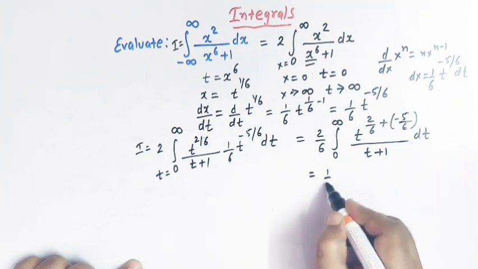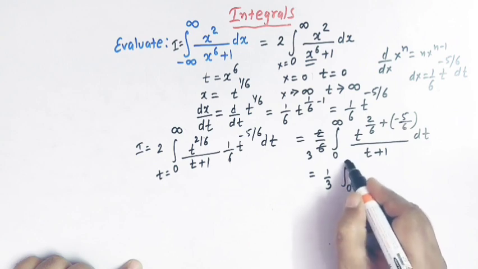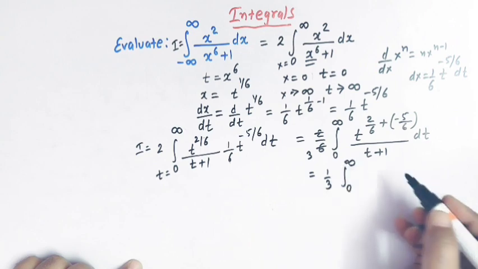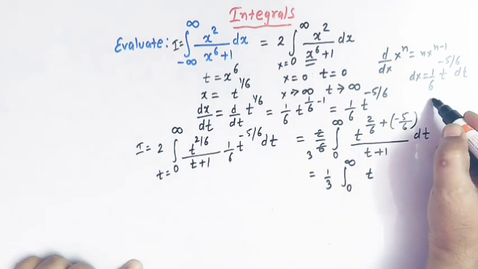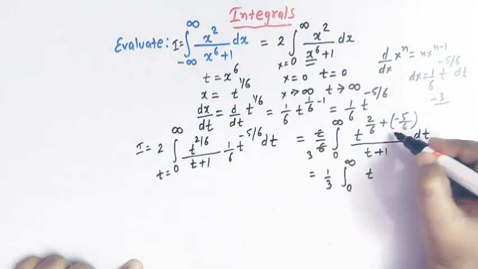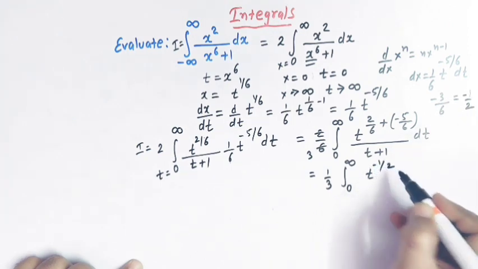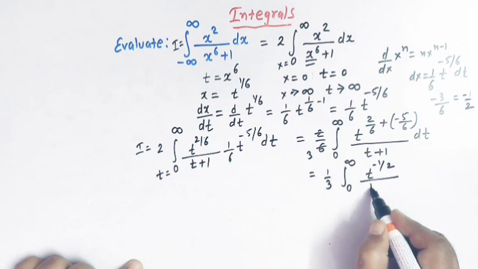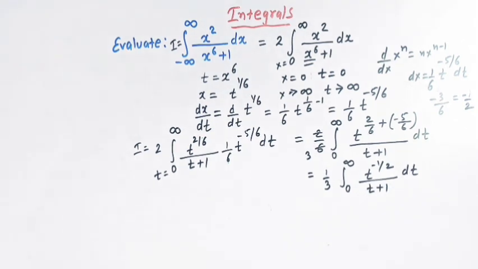So this is 1 over 3, since 2 over 6 is 1 over 3, and we have 0 to infinity, and this is t raised to 2 minus 5 is minus 3, over 6, so this is minus half, right? So here we have t raised to minus half divided by t plus 1 dt, right?